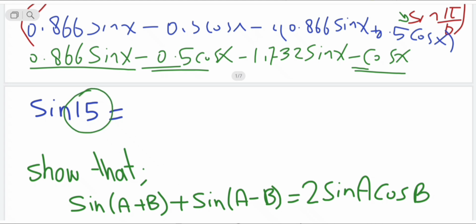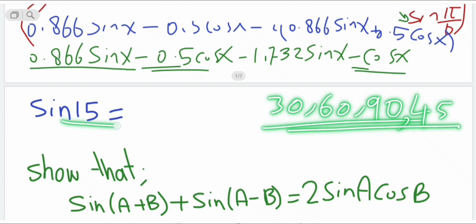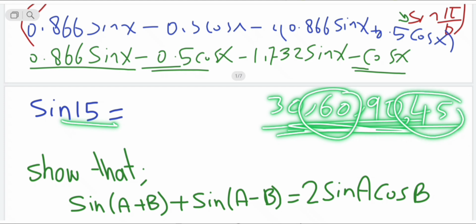Whenever you see such a question, we will try to change it using the angles 30, 60, 90, and 45, to bring plus or minus to get 15. So if we do 60 minus 45, which is equal to 15.